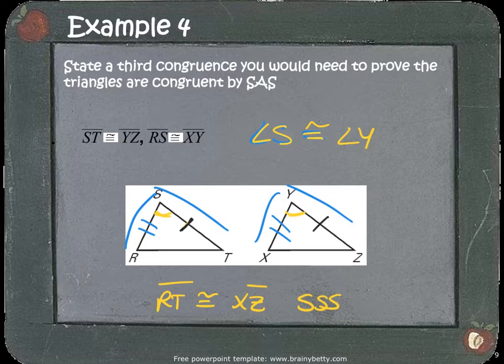Usually the side, side, side is most obvious because you're just looking for sides. However, we are going to learn some new ones with angles coming up tomorrow. So for now, this is it for your third shortcut. So we've learned side, side, side, hypotenuse leg, and side angle side.